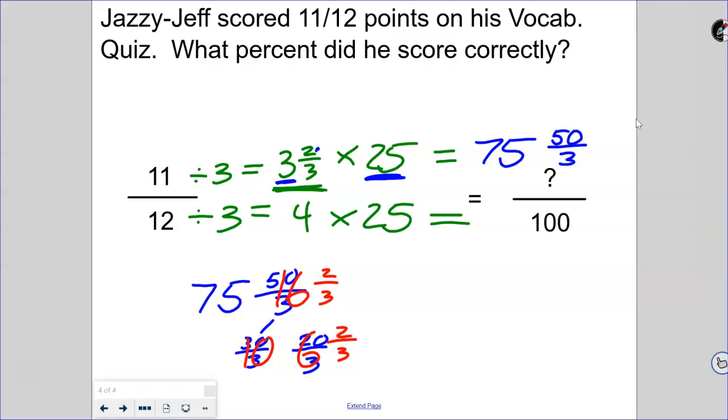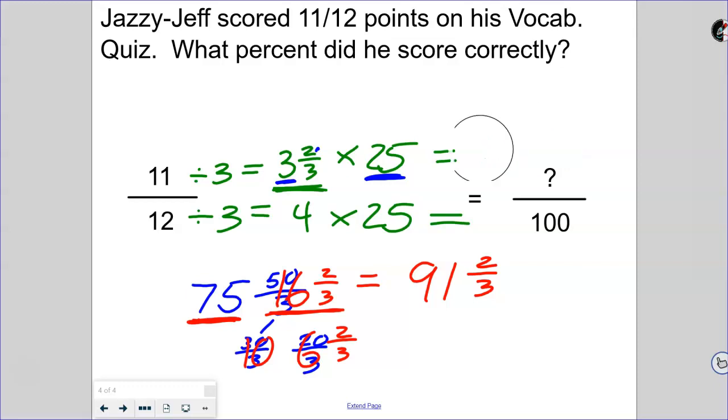So if I put all of this together, what we know is that 75 and 50/3 is the same thing as 75 and then 16 2/3. And if I add those two things together, 75 plus 16 2/3, that actually gives me 91 2/3. So that would be our missing number.